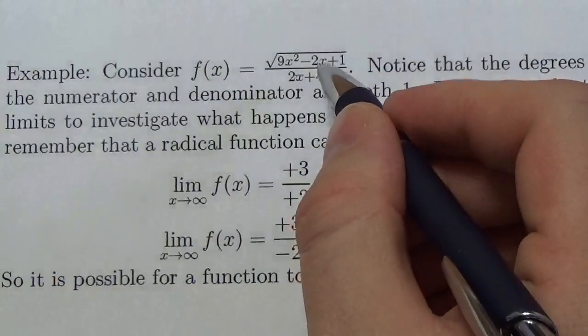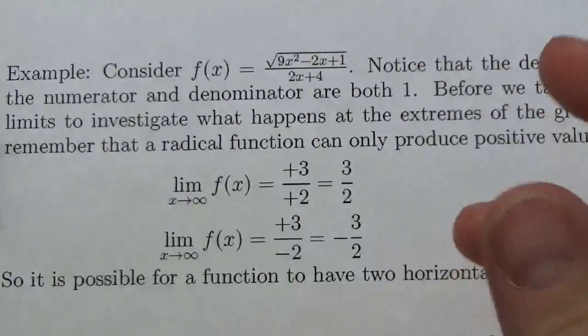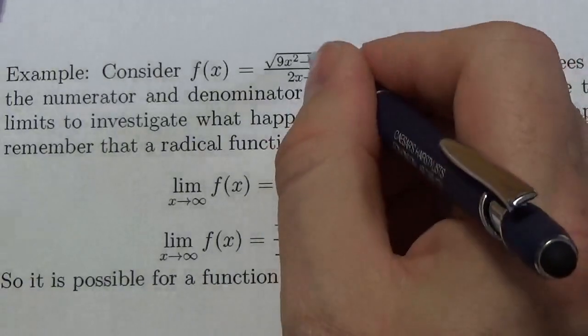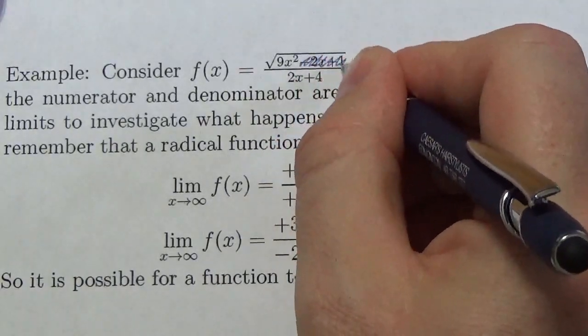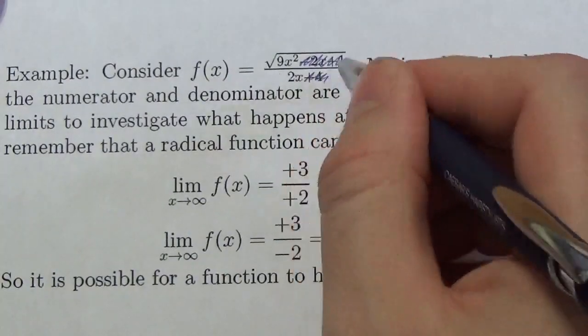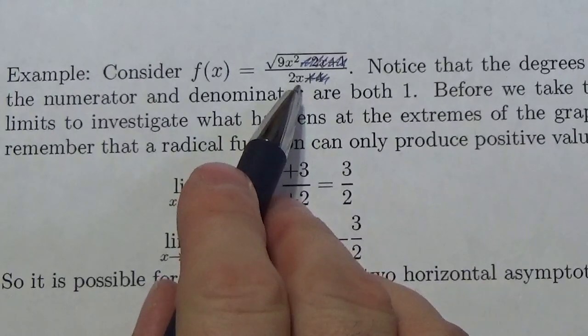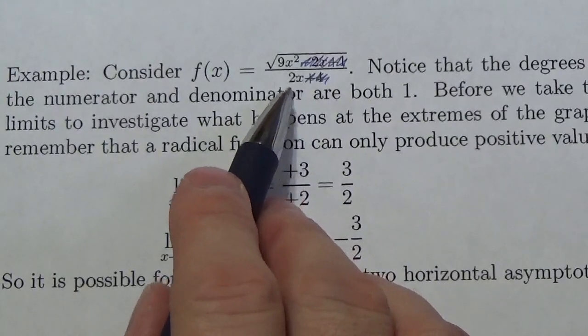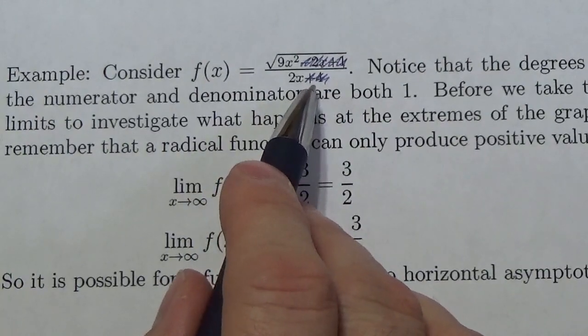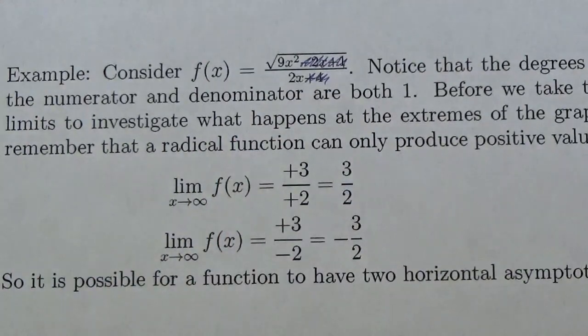Essentially what's going on is this. When you get really, really big values for x, then in the numerator, these little terms don't matter, just like in the denominator, this plus 4 doesn't matter. If x is already into the billions, well, 2 times a billion is 2 billion. Plus 4? Does the plus 4 really do anything to change that value?